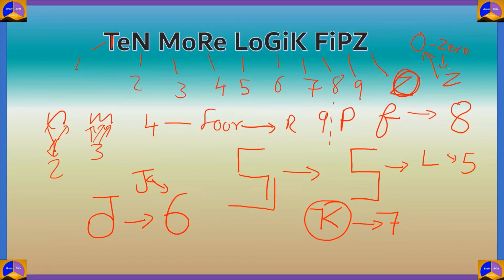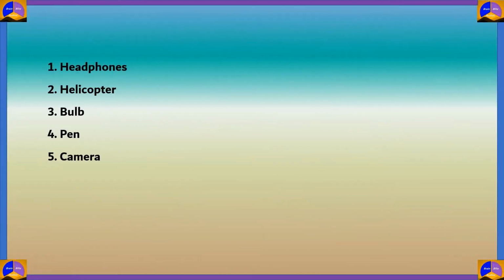Now, what we need to do is create some peg words which have these consonant sounds. Now, in order to show you this in action, remember that earlier test? I've taken the first 5 objects of that list, and now I will show you how you can use the peg method in order to remember these.